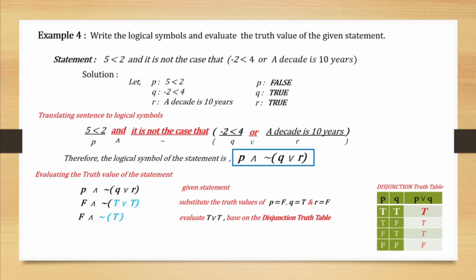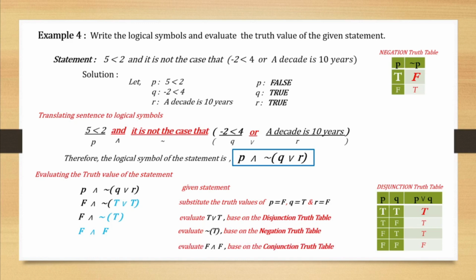And as you can see, the true here is being negated. Then we have to evaluate first the negation of true based on our negation truth table. It shows in the table that when the proposition P is true, the negation of P is false. As we update our statement, it becomes false and false.